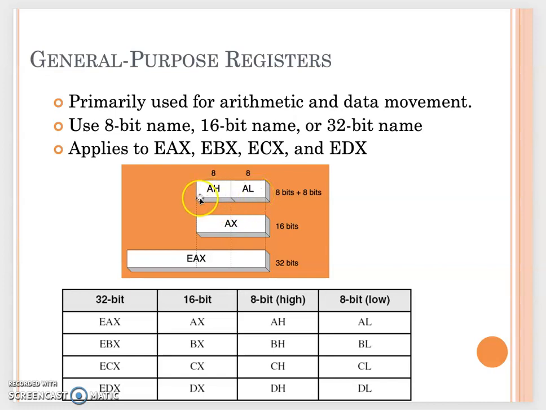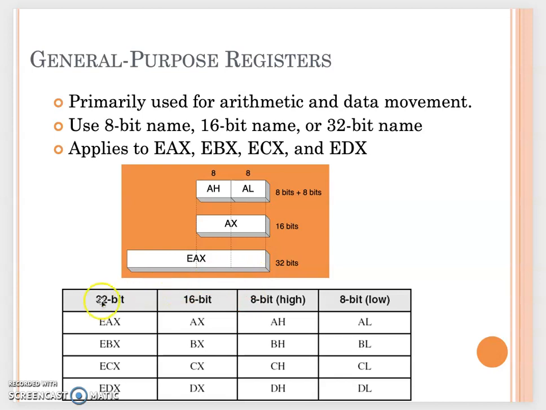AH is the second lowest byte of EAX, and AL is the lowest byte of EAX.